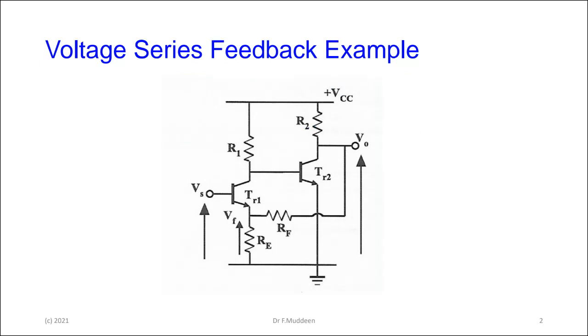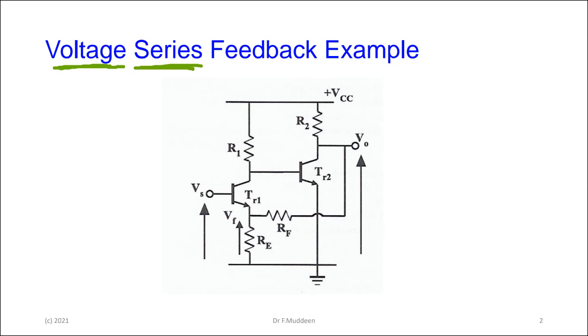So here's voltage series feedback. Based on what I just told you, voltage series means I'm sampling voltage at the output and feeding voltage back at the input. Look at this design. This is a two-stage amplifier, with some things you may have met before, apart from the feedback resistor.